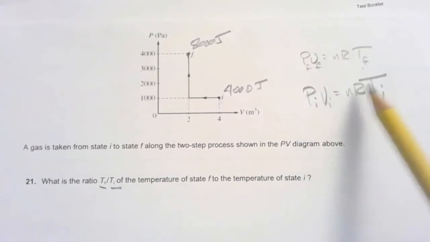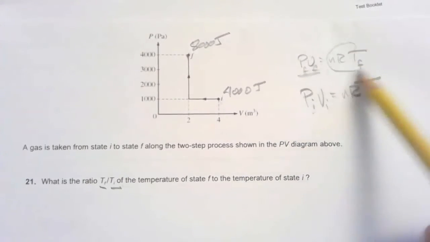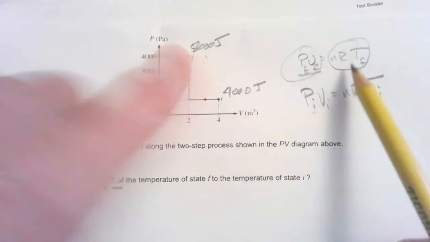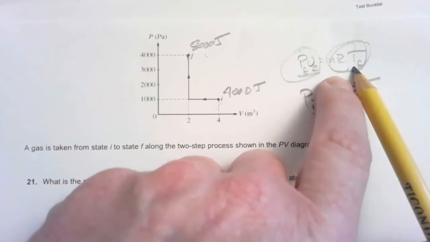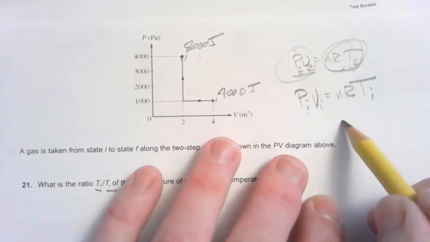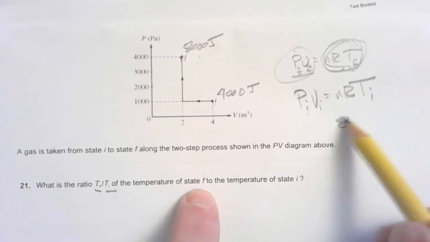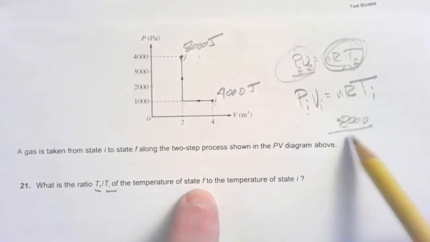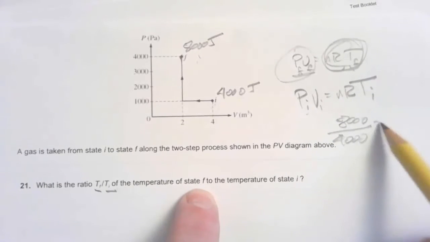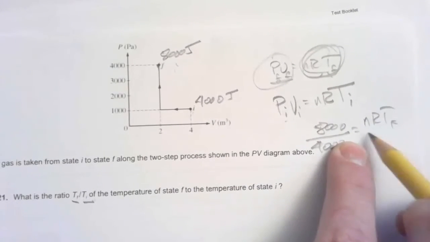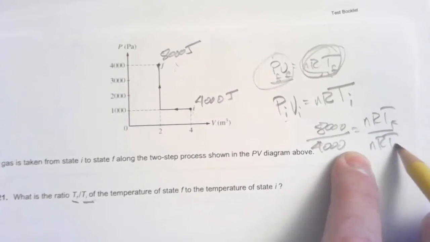So if I just take their two, this is their internal energy, so is this. I calculated it using PV, but it's also a number that would represent this. So all I have to do is take the final internal energy, 8,000, over the initial, 4,000. That would equal nRT final over nRT initial.